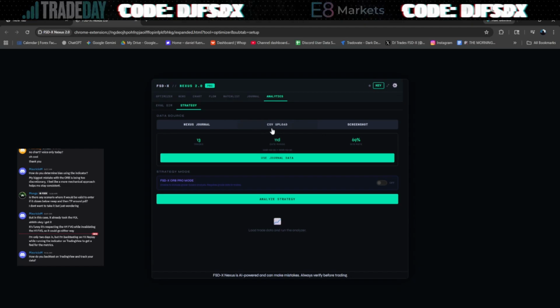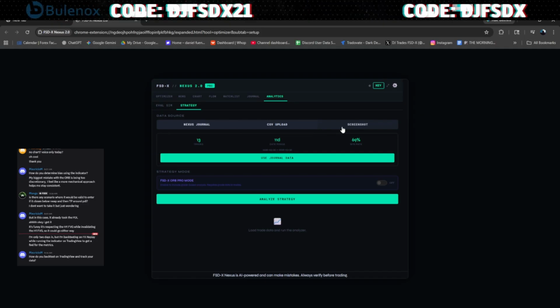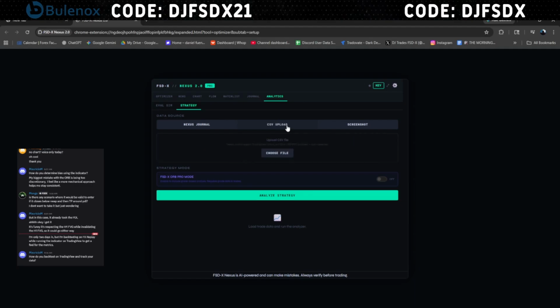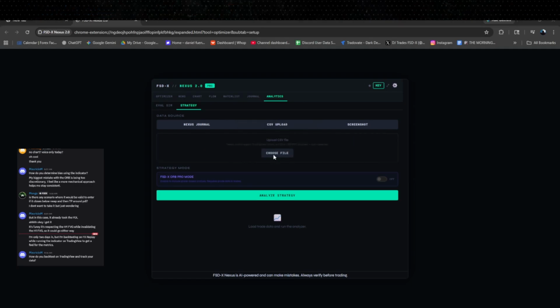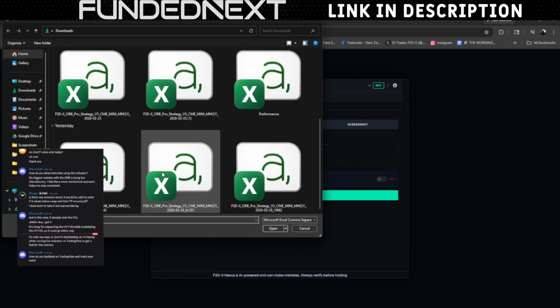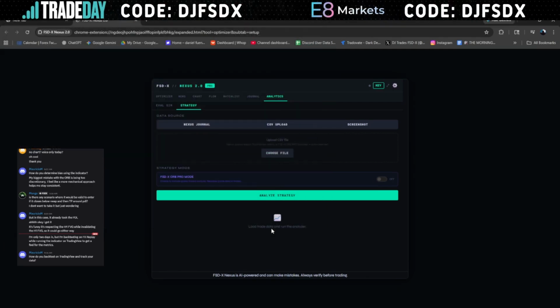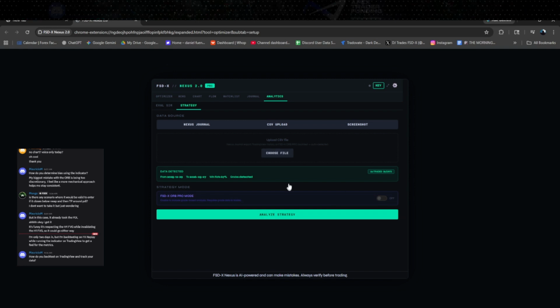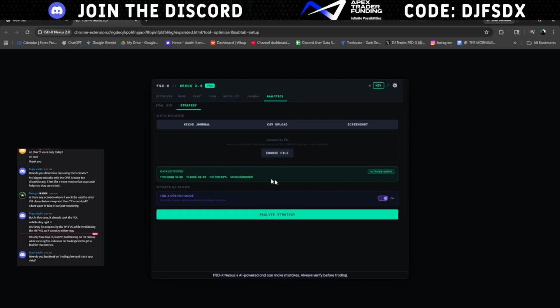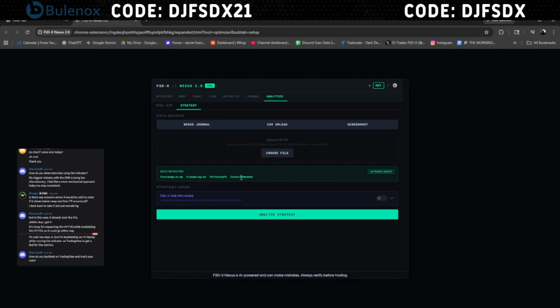If you do a backtest, or screenshot your data, or get a CSV file, which is pretty easy to do if you're logging data yourself, you can load it in here, and it'll pick up the dates and the win rate and everything, and analyze it for you and give you a breakdown.